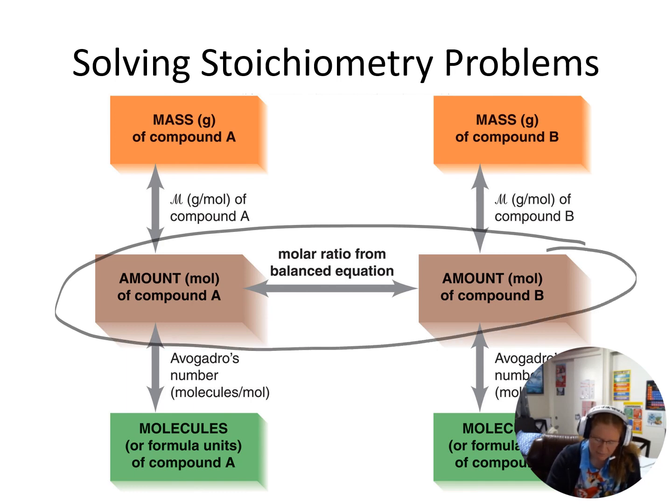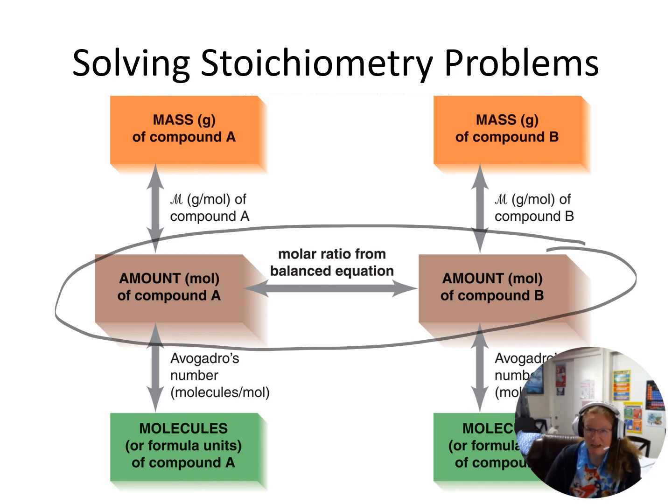We have to compare moles to moles. Okay, so whatever I have of compound A, I have to convert that to moles in order to use my balanced equation. I use my balanced equation, I get that molar ratio, moles of A to moles of B, and then I can convert from moles to whatever I need for B. Like, let's say I want to know how many atoms of aluminum.